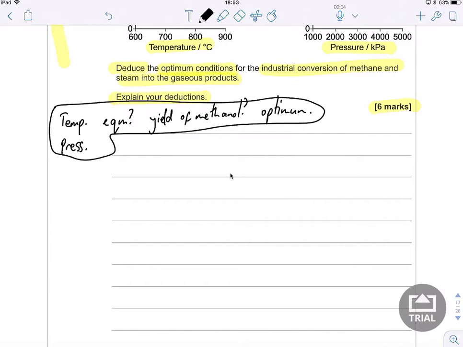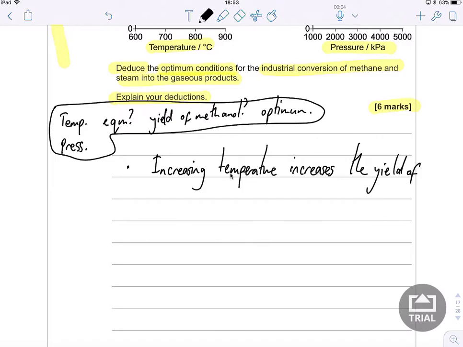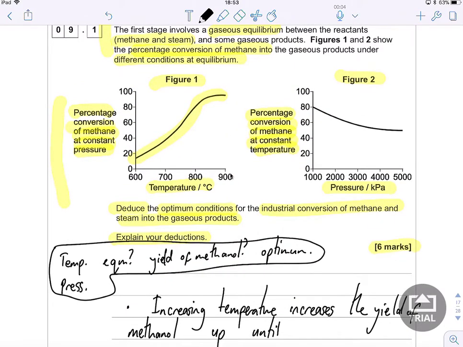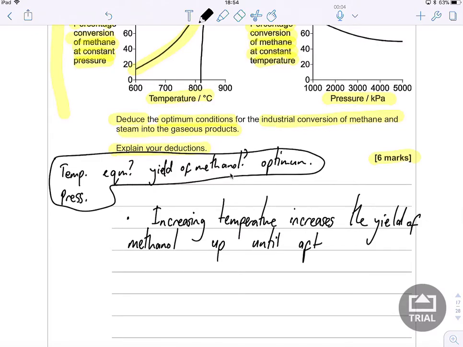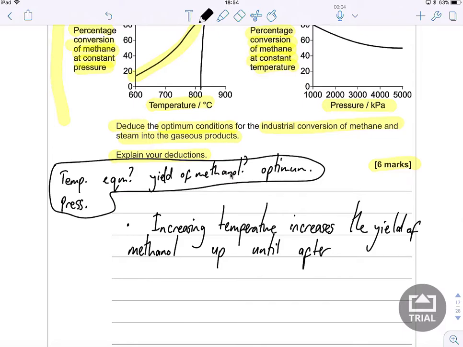So I'm going to start off talking about temperature. I'm going to say increasing temperature increases the yield of methanol up until after, I'm going to say 820 degrees Celsius.